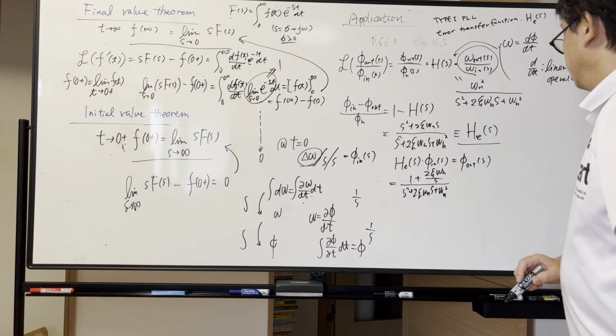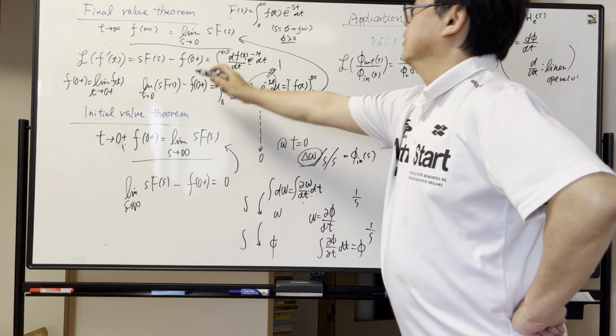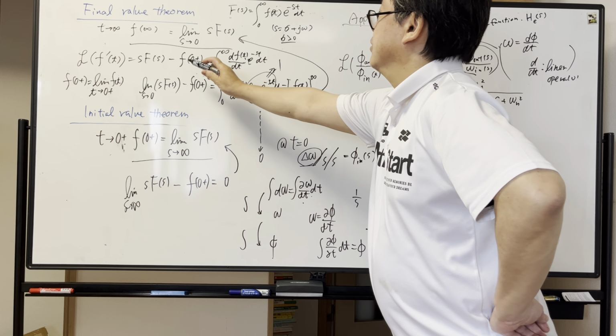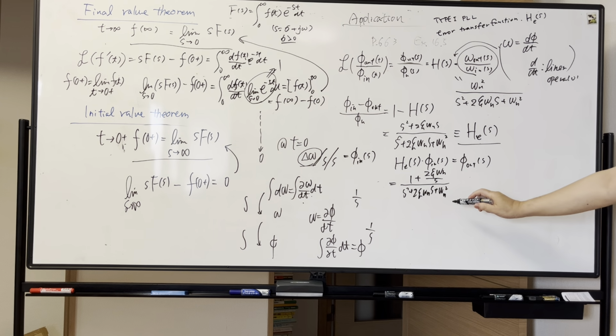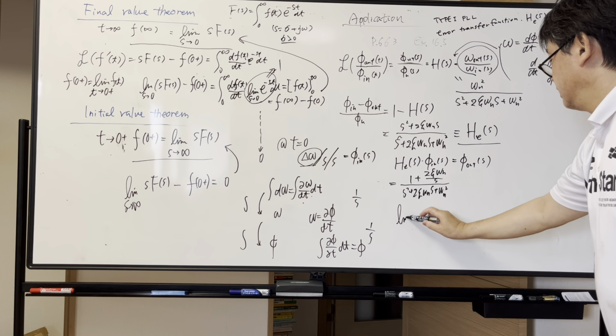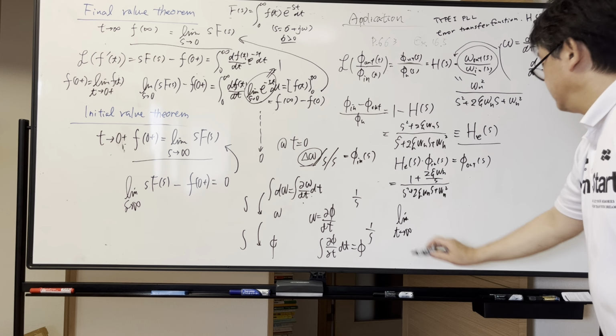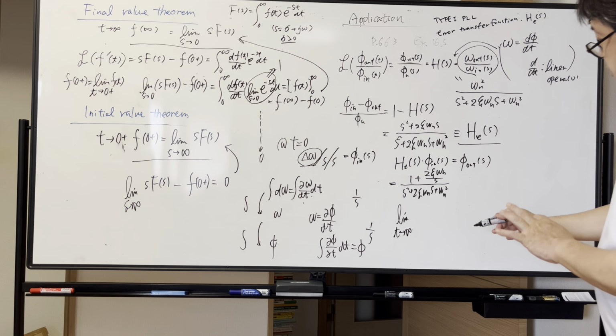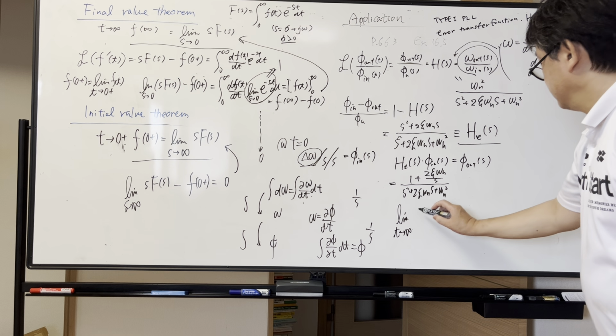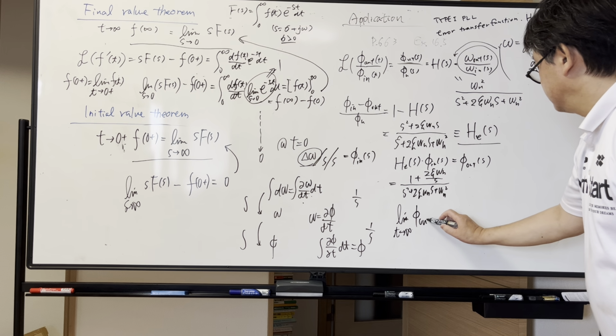And applying this final value theorem, we can derive the stabilized value of phi when t goes to infinity.